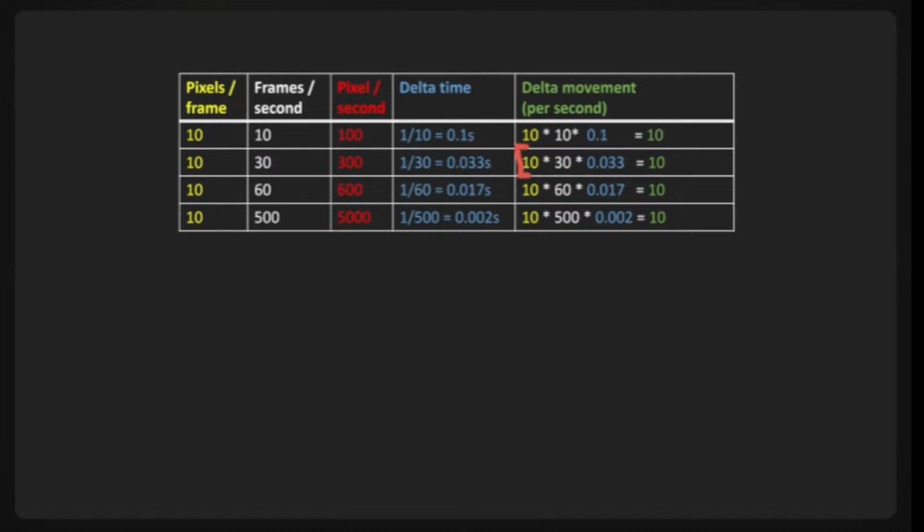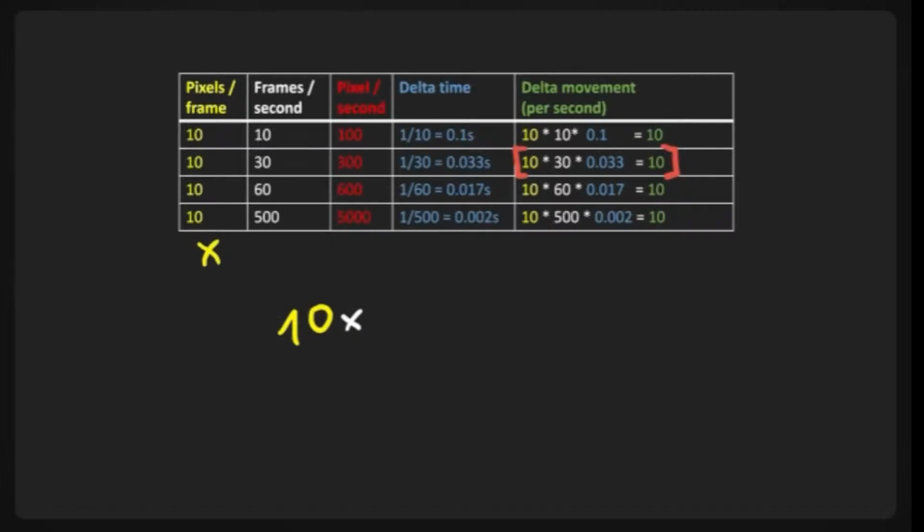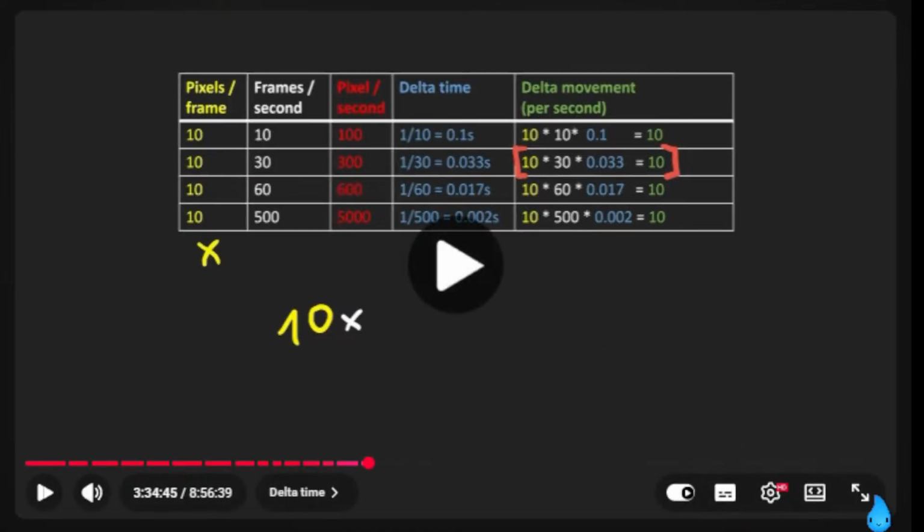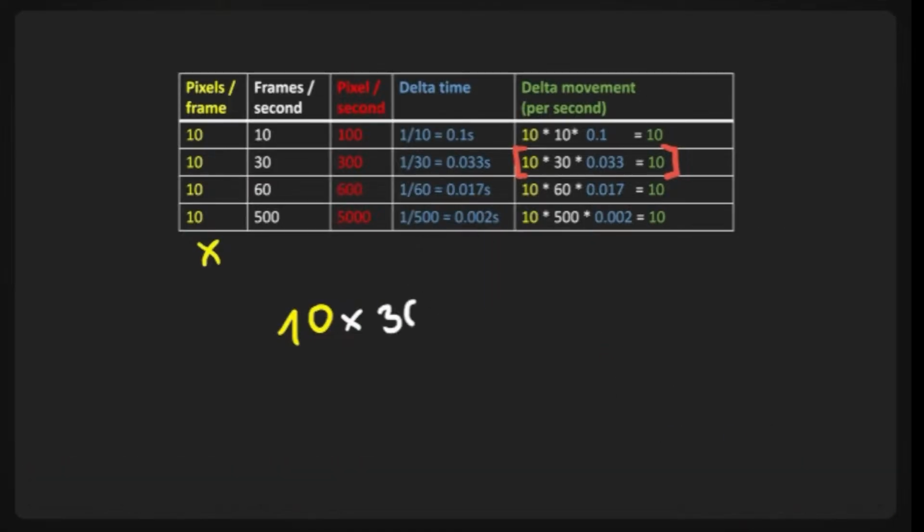All of that is useful because delta time and the frames per second effectively cancel each other out. Imagine this formula here written in a slightly different way, where we have 10 pixels per frame multiplied with the frame rate. In this case, that's 30 frames per second, this number.